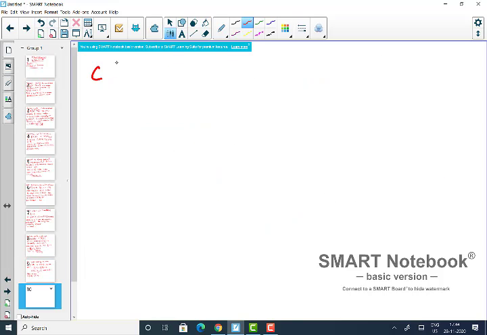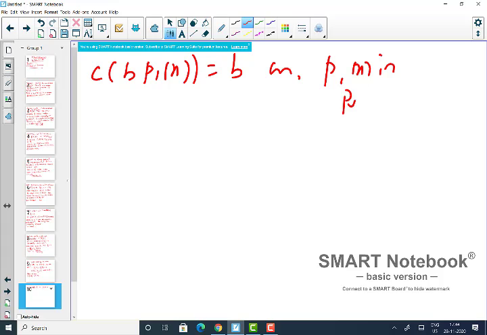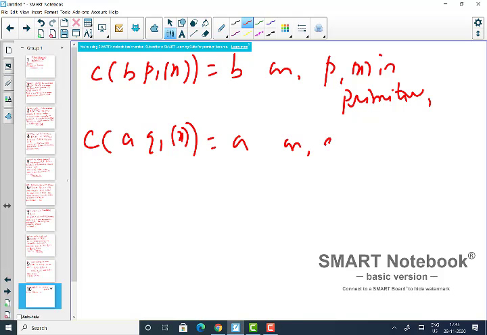Now you see the content of b p1 of x equals b, as p1 of x is primitive. Similarly, the content of a q1 of x is a, as q1 of x is primitive.